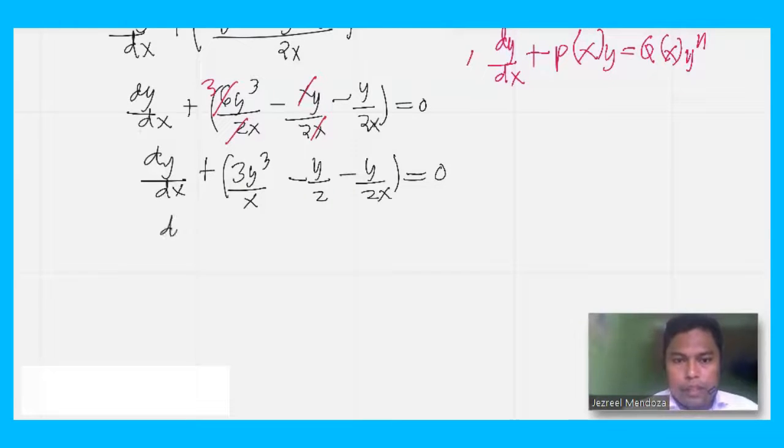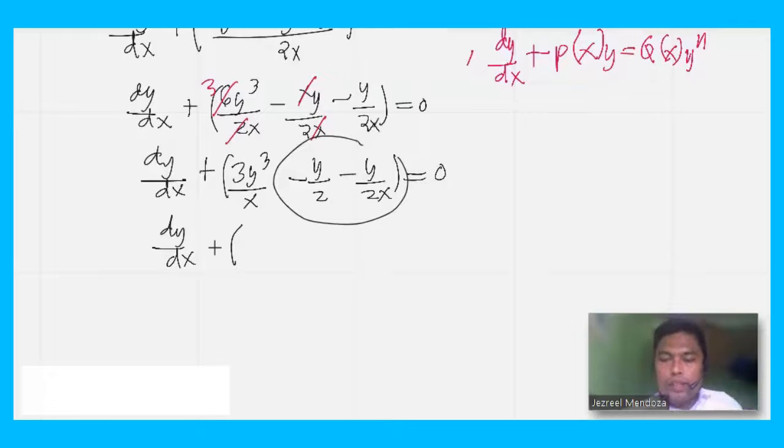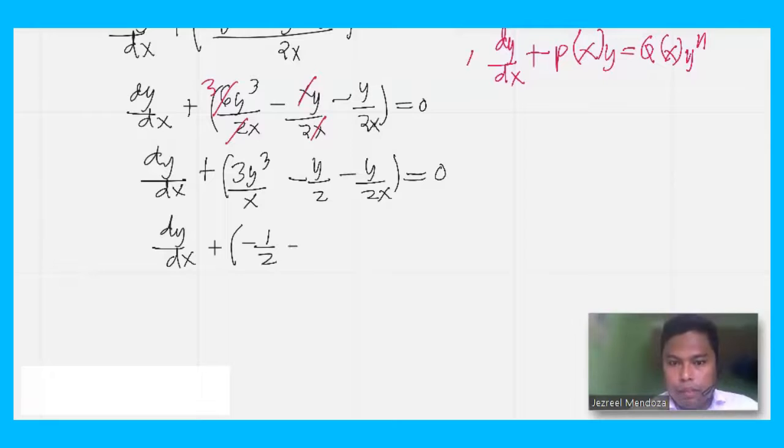From that, dy over dx plus we can factor out P of x times y. The answer is negative 1/2 minus 1 over 2x, factor out y.